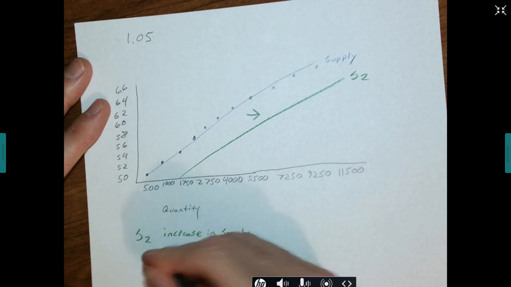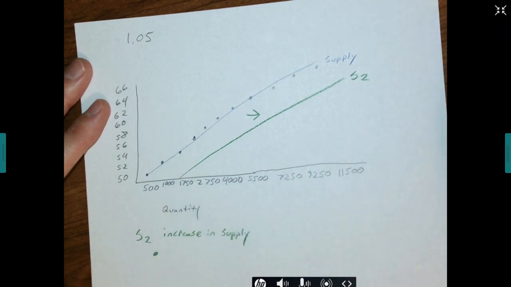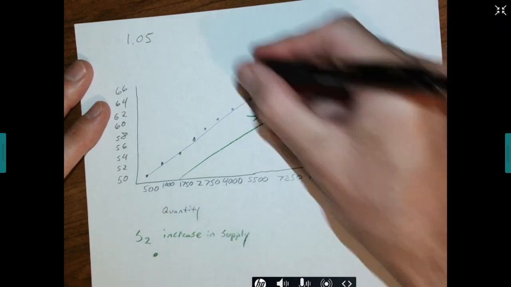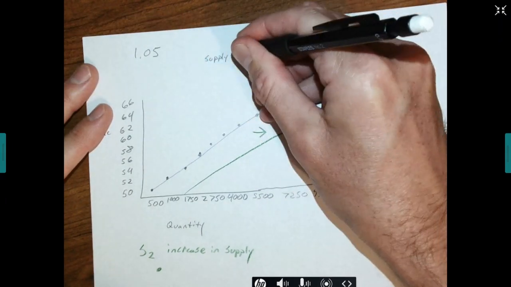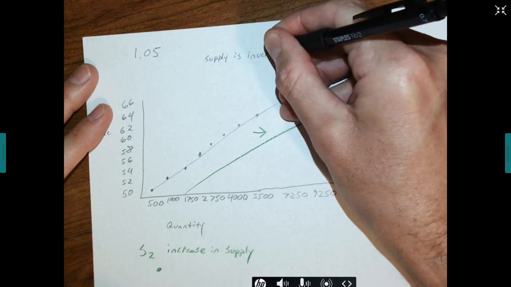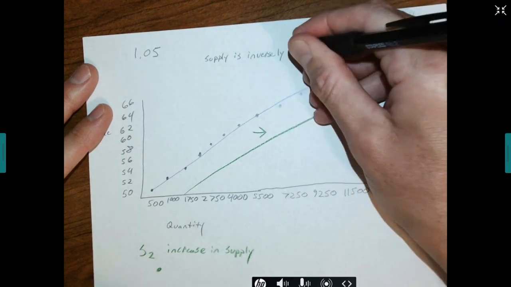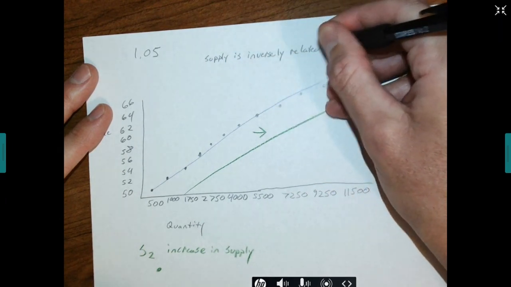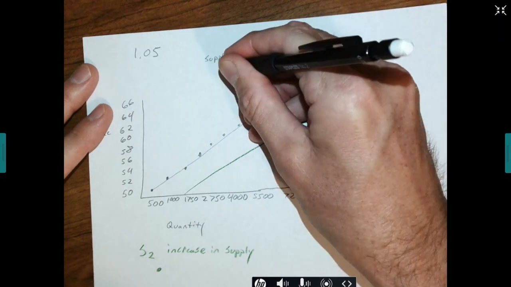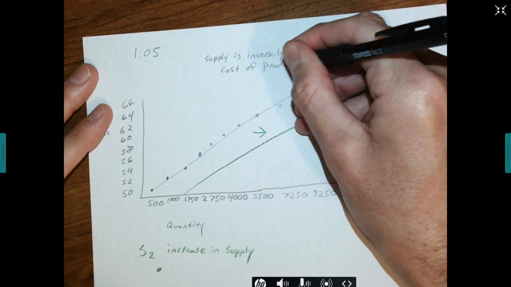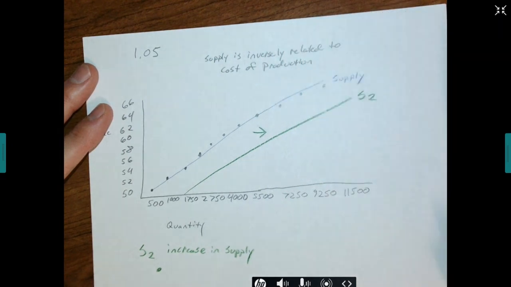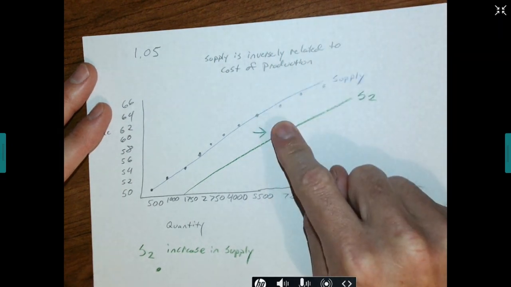Well, if we remember, supply is inversely related to cost of production. So if it costs less to make something, you'll make more of it.